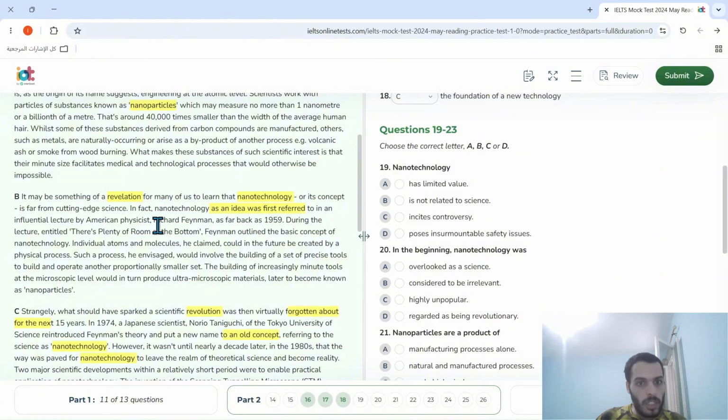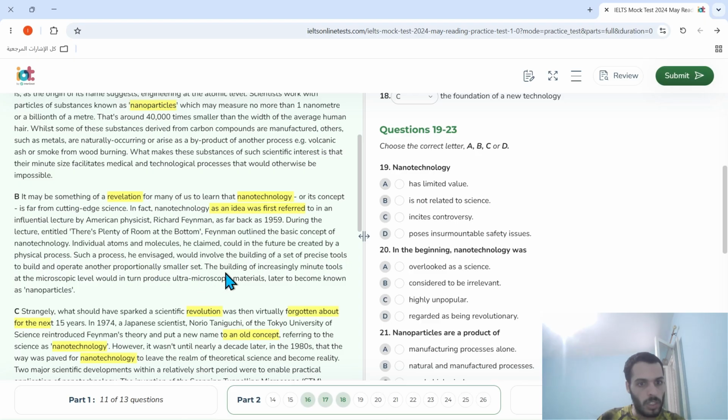As an idea, now technology, it was first revealed in an influential lecture by American scientist Feynman. During the lecture entitled There Is Plenty of Room at the Bottom, Feynman outlined the basic concept of manipulating individual atoms and molecules, which he claimed could in the future be created by a physical process.